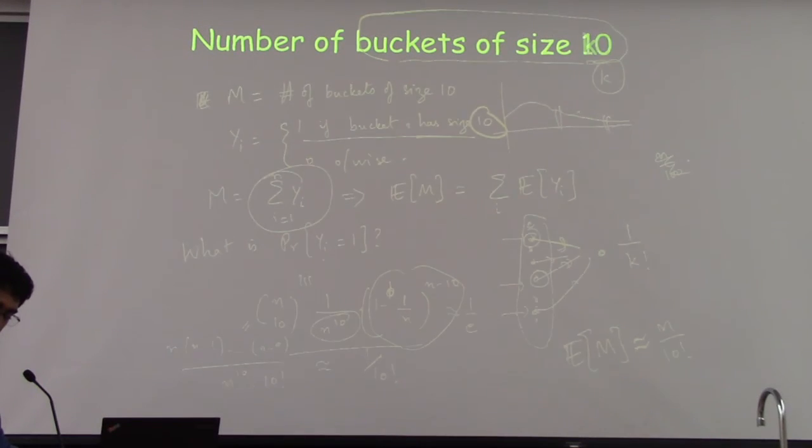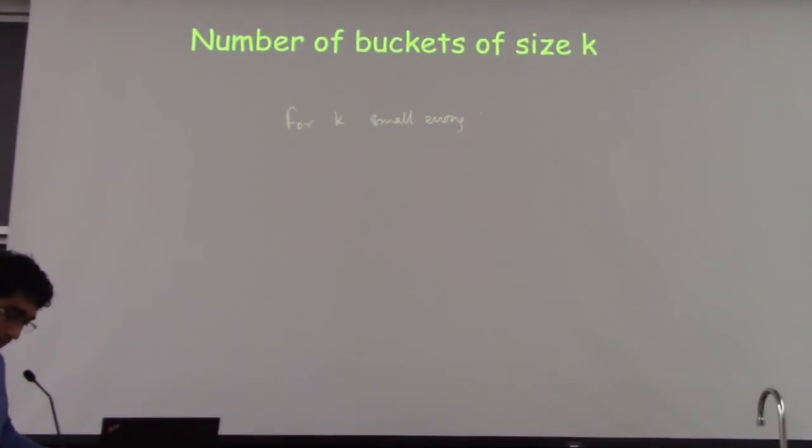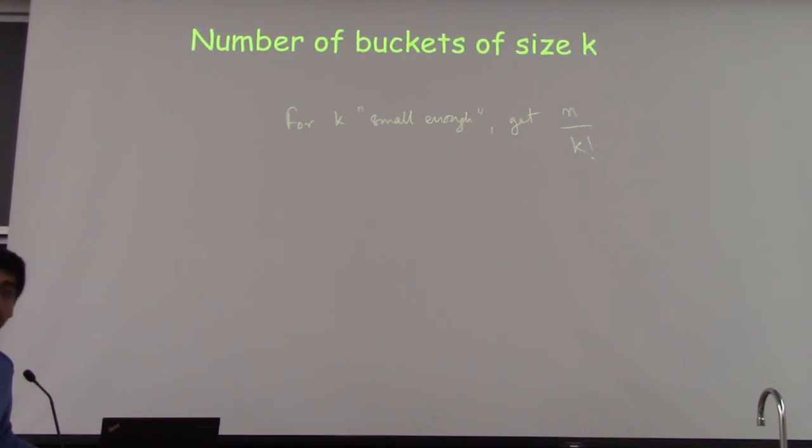So this we already answered. This you can do the same kind of calculation, and for k small enough you get n divided by k factorial.